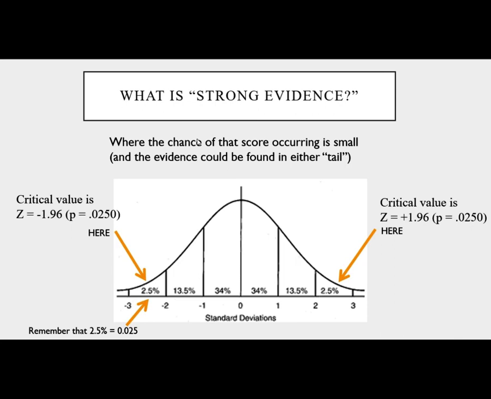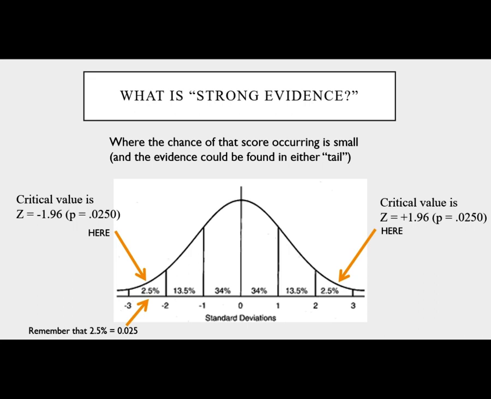So the whole point, if we go back to the beginning of this PowerPoint, is that the null says there's no effect from our treatment, our intervention, whatever we're looking at in our experiment. The null says, you know what, it didn't work, nothing happened. But we say in our alternate hypothesis, yes, it did work, something did happen. And we have to have enough evidence to show that it didn't happen by sampling error or by chance.